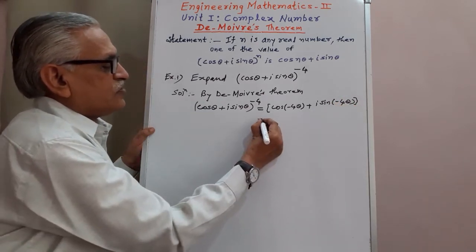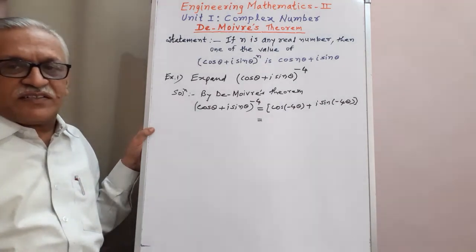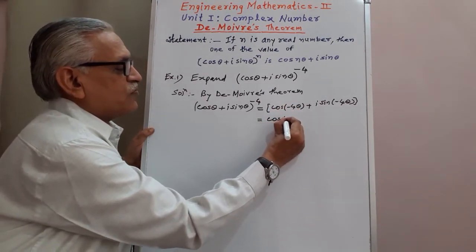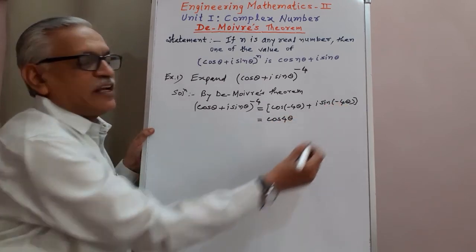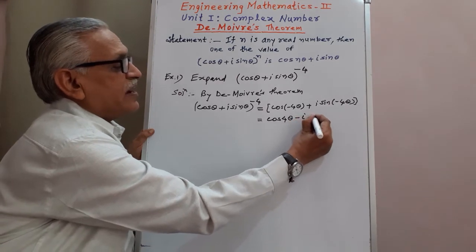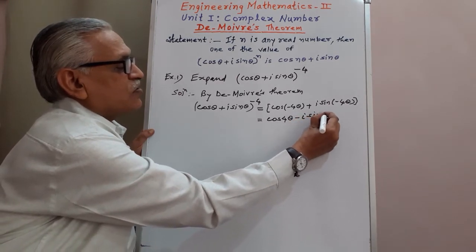We know that cos of minus theta is cos theta, and therefore it is cos of 4 theta, and sin of minus theta is minus sin theta, therefore it becomes minus i sin of 4 theta.